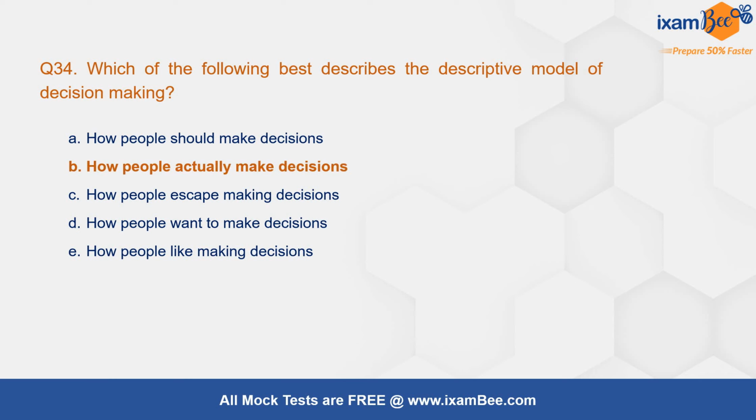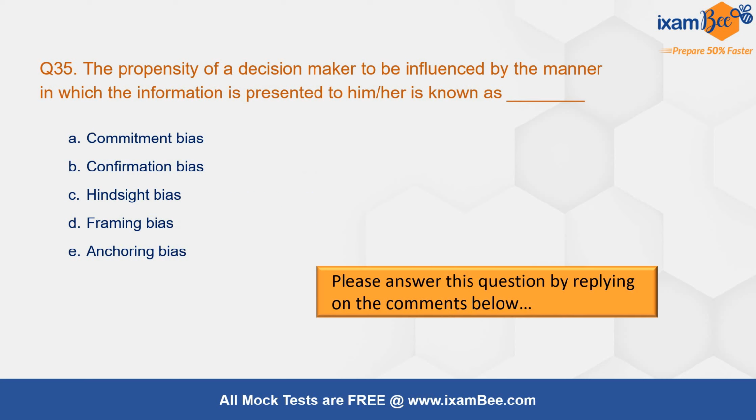The correct answer is B, how people actually make decisions. The other model, the normative model that I was talking about, relates to point A, which describes how people should make decisions.